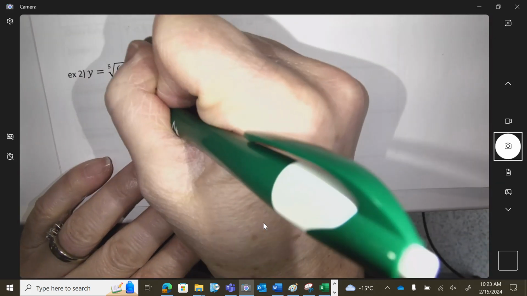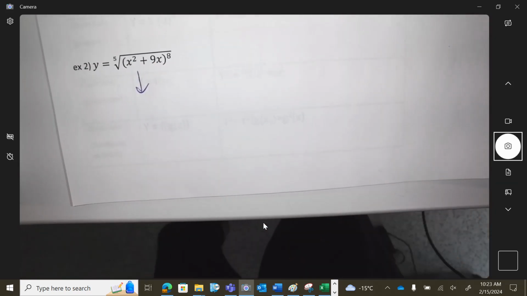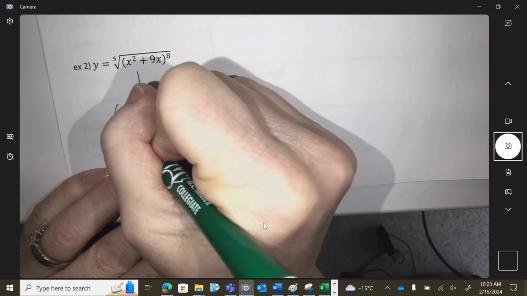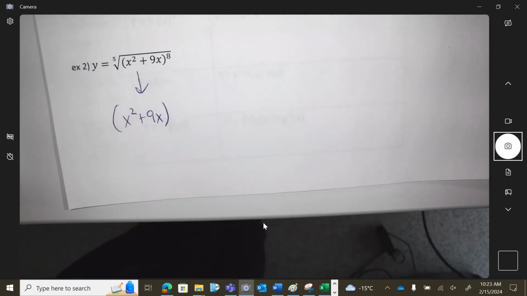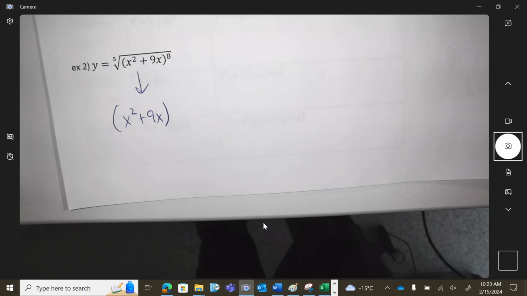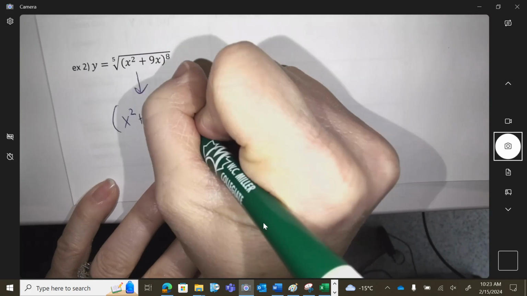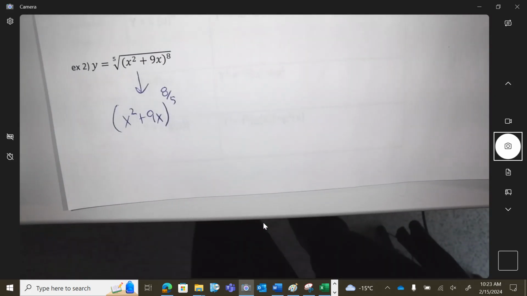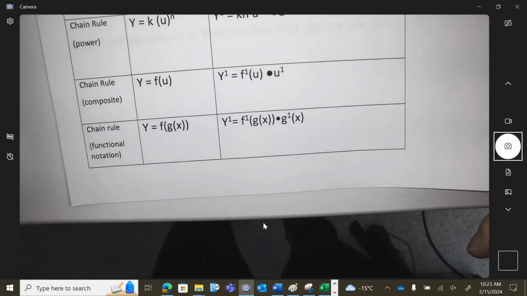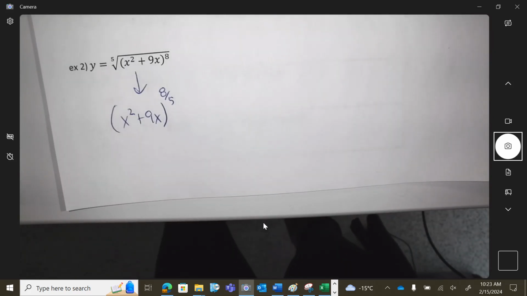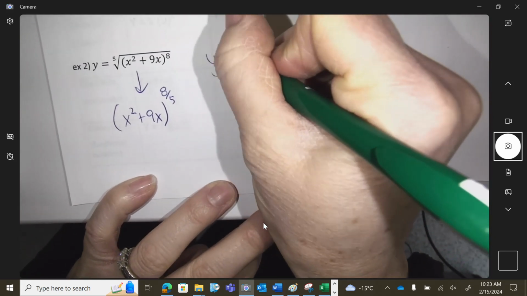Okay, before I derive this last one, I need to rewrite it. I'm going to go this to the exponent. How do you write that exponent? 8/5, like that. 8/5. Okay, here we go.